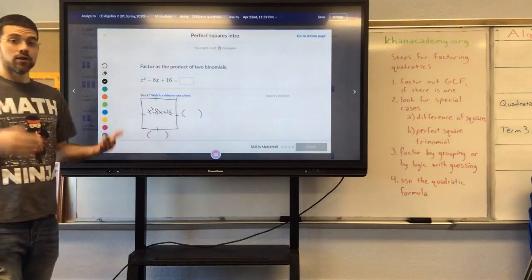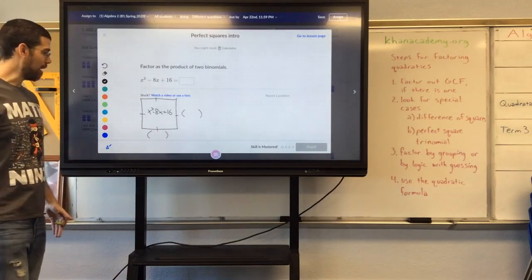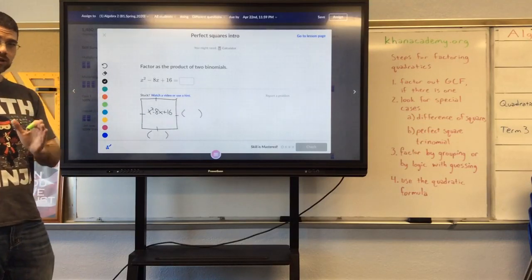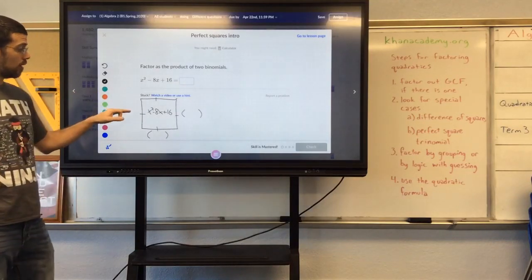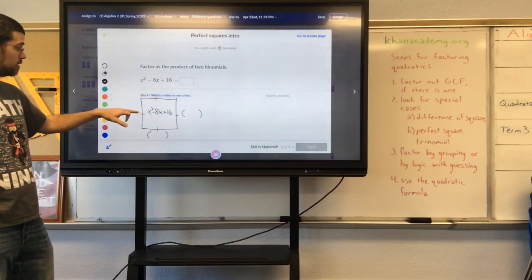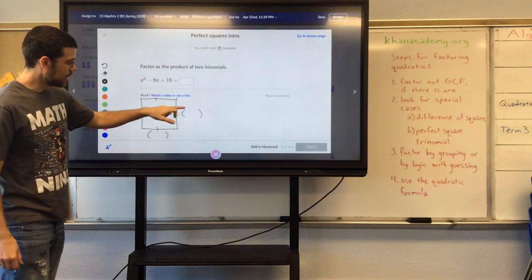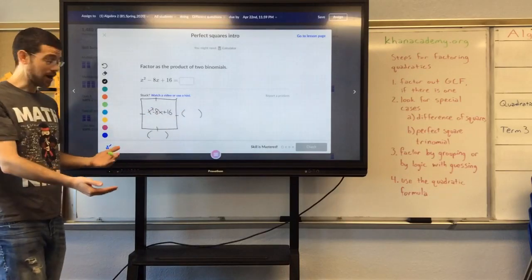Okay, so there's a pattern that we can know about that makes doing this simple. But before we know it, if we want to figure out what that pattern is, we can see what happens in this case. We're going to have something times something, and they have to be the same because they're the side lengths of a square.